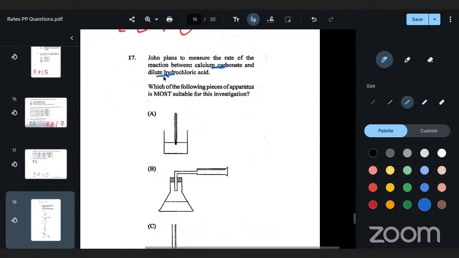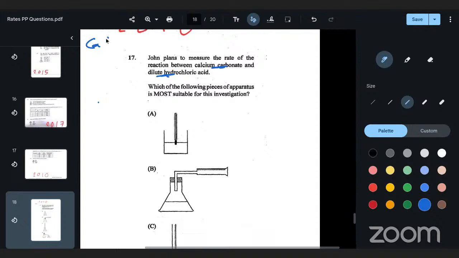So when you react a carbonate and an acid, what will be produced? Carbon dioxide. Right. That's the important one, but we can do the equation still.